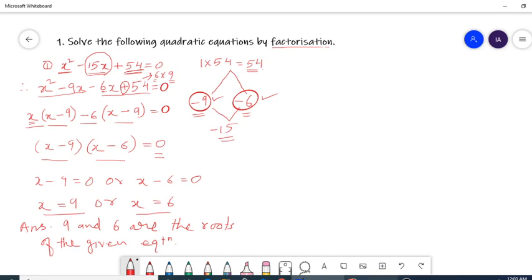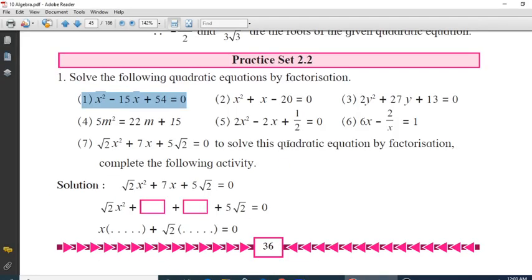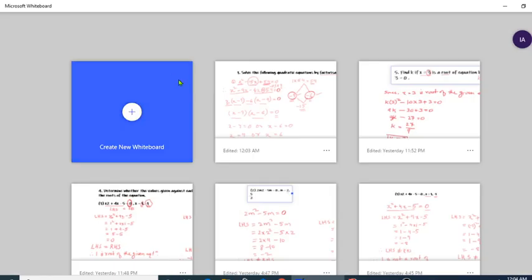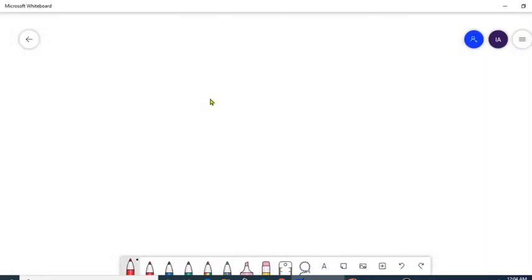Now let's move on to the next question. Here we can take one more example. Like I can take this one, sixth question. So I am taking this question number 6. We need a new sheet to solve this question. Again, we need to arrange this equation, or we can write this equation in proper way.